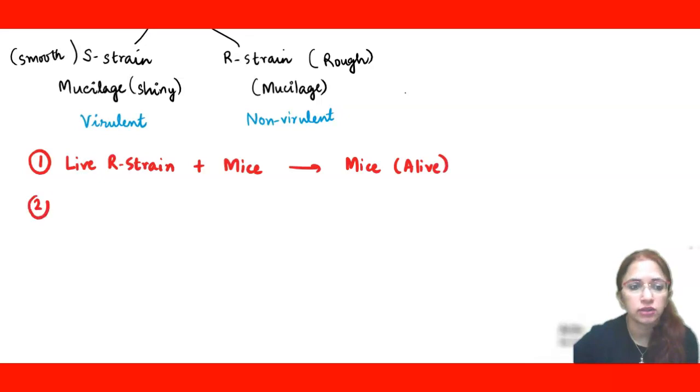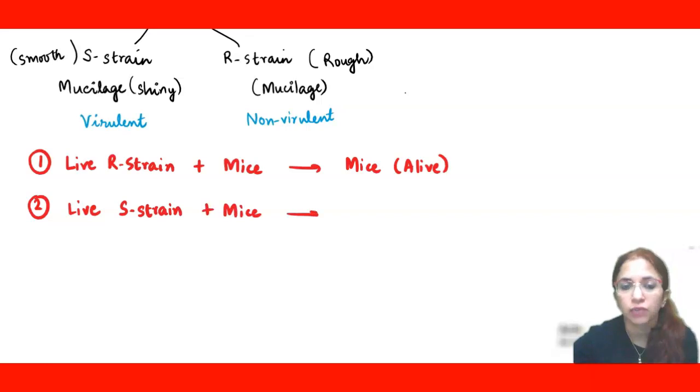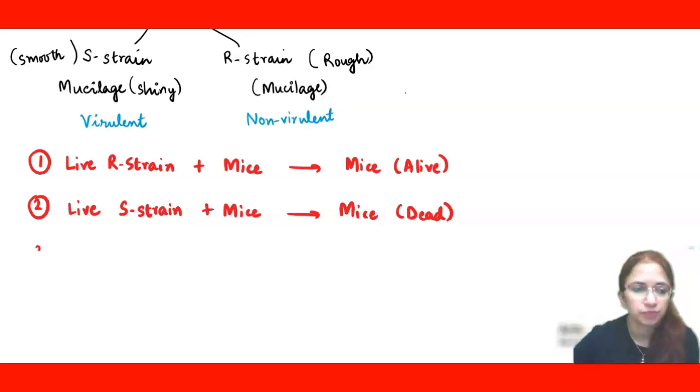Then later he used live S strain and injected this in the mice, and he found that the mice were dead. The mice died because they developed pneumonia, and Griffith was able to find S strains from that dead mice.